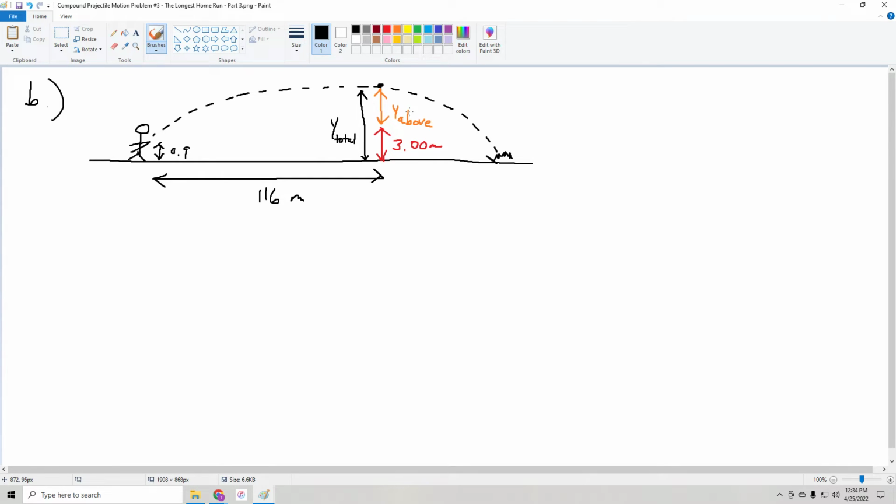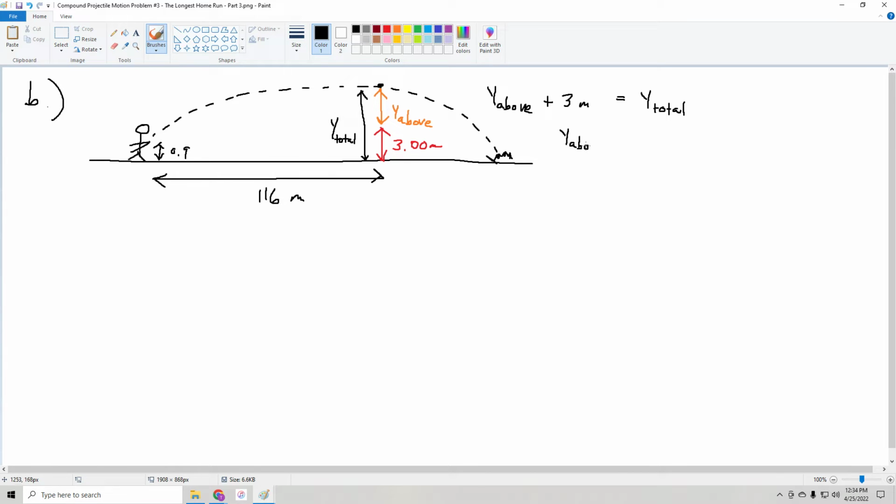And what's our goal? We want to solve for y above, which is equal to what? y above plus 3 meters is equal to y total, the total height that the ball is at that particular range.